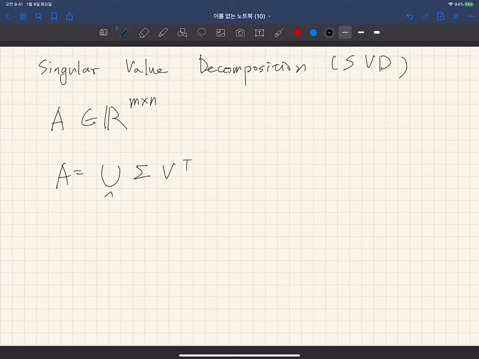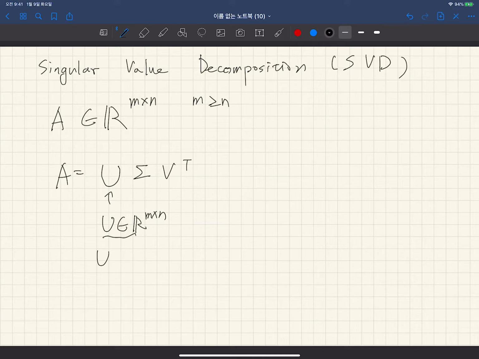Here, there are many definitions, but I will use this definition. U has shape m by n. Let's say m is bigger than or equal to n, and all the columns of U are orthonormal.